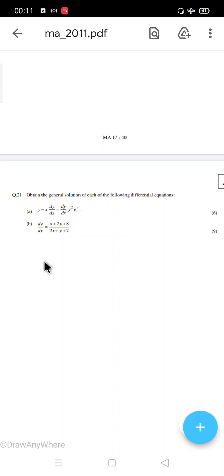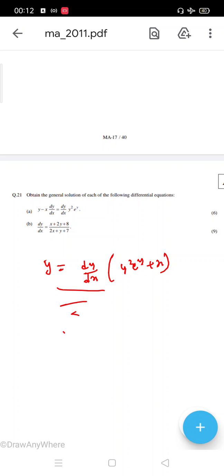See, this will be y equal to dy by dx, bracket open, y square e raised to y plus x. Now I want dx upon dy. I hope this will make life easy, but I don't think so, because your x will be here then. No, it will not make it easy. Think about it.